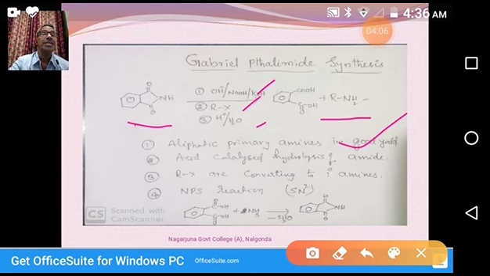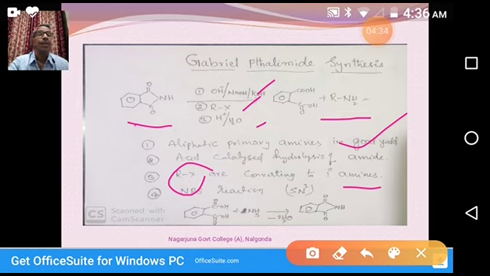It is an acid catalyzed hydrolysis of amide. In this reaction, alkyl halides are converted into primary amines. We can't prepare secondary or tertiary amines with this method. We can prepare only primary amines.